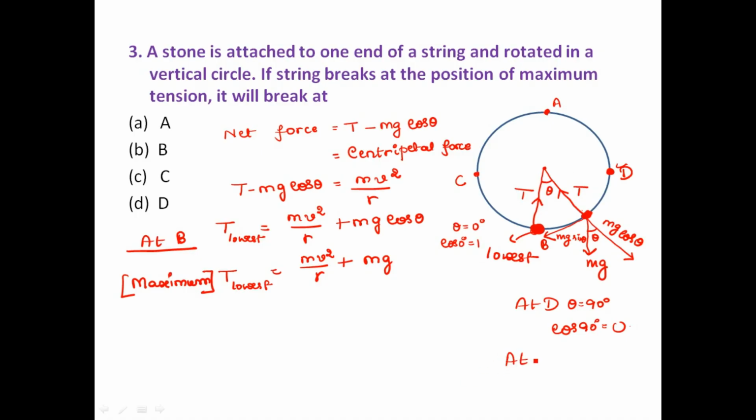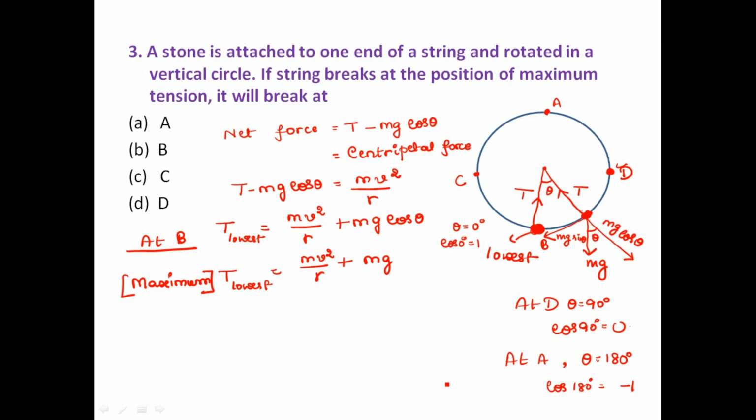What about at A? The value of theta is 180 degree. Angular displacement is 180 degree. I can say cos 180 degree is minus 1. Again, at A, it still reduces, tension decreases, right?